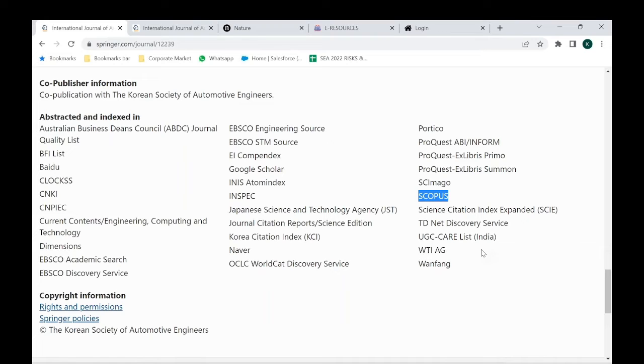But it doesn't necessarily mean that if a journal is not indexed in Scopus or JCR or any of the other indexes that you see over here, it is a bad journal. Each and every one of these indexes has its own formula to calculate whether or not a journal should be included in their index.